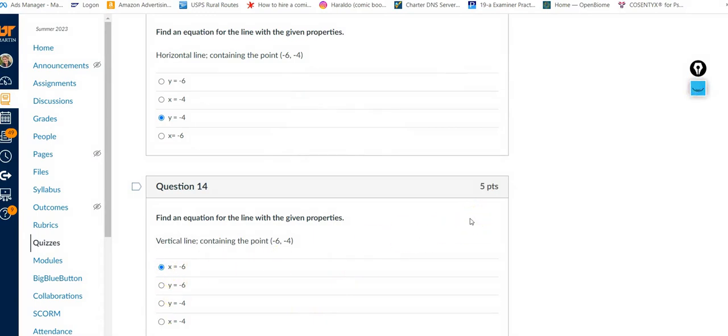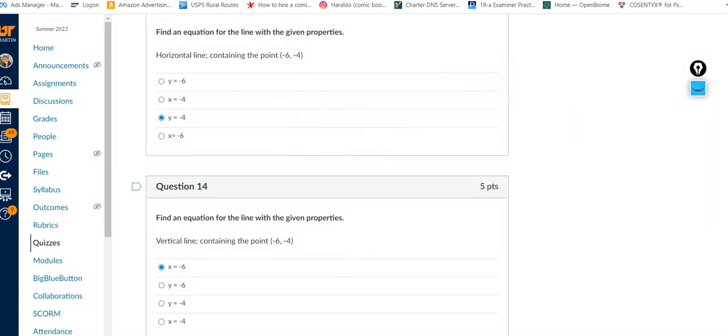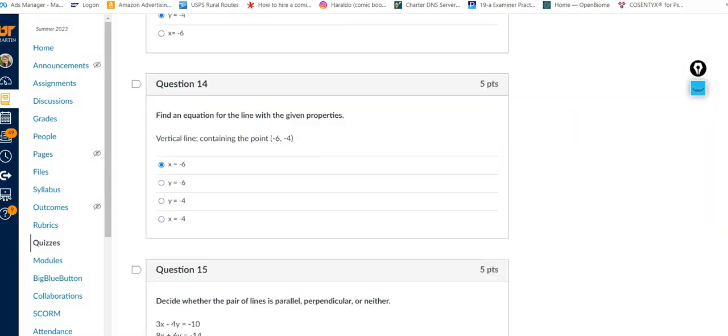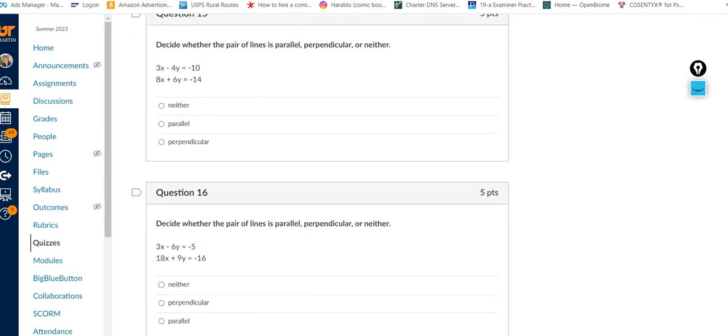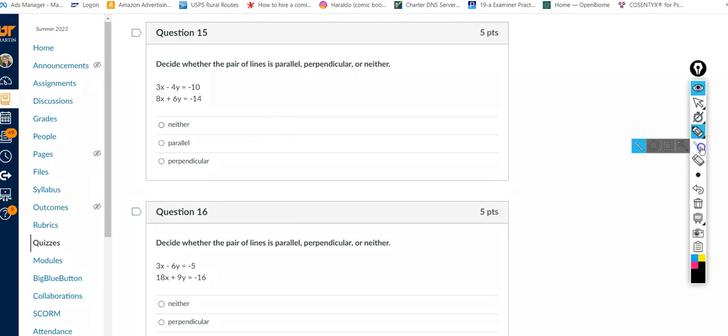All right, so the concept of knowing the difference between a horizontal line and a vertical line, once you know that, these are simple questions. When you get them mixed up, you're throwing away easy points. Okay. All right, so let's continue. All right, now, if you put these in your graphing calculator and look at them, then two parallel lines look like this.